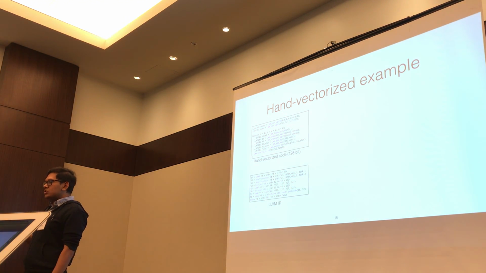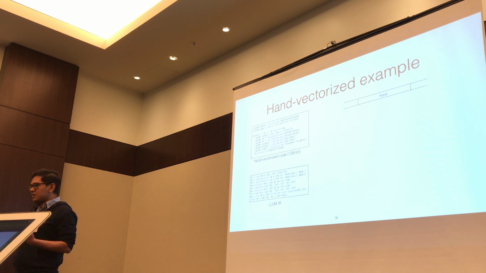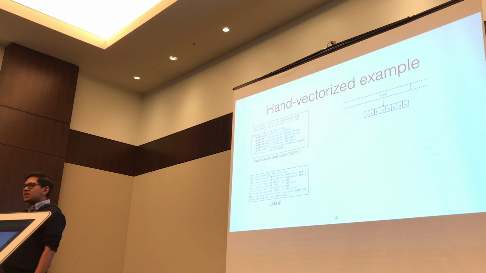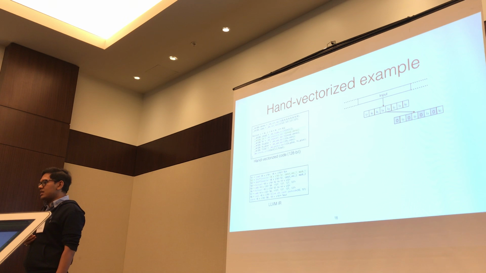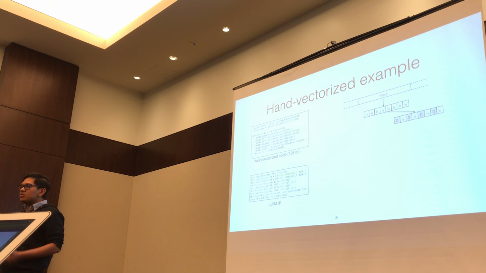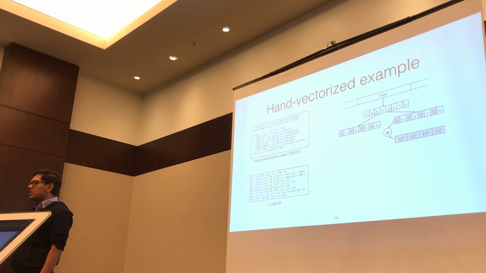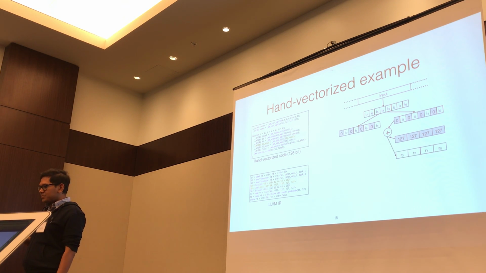And now I'll go through the computation of this particular code. It's very simple, even though there are a lot of words in it. It loads 8 consecutive values from memory, and then it zero extends these 16-bit values into 32 bits, and in the next step it adds 127 to each element in the vector.